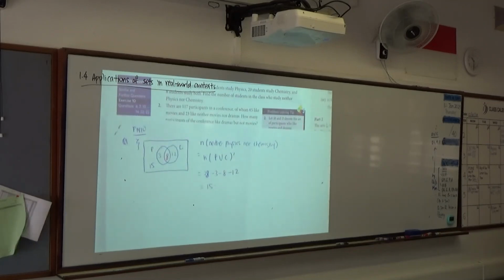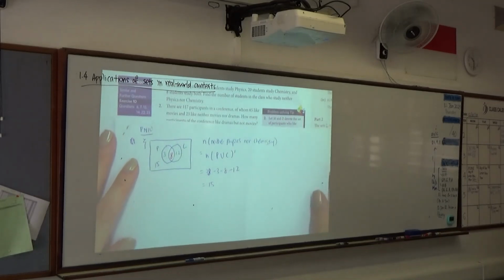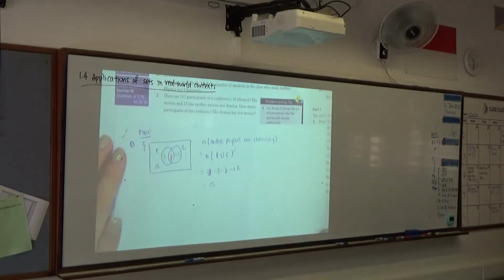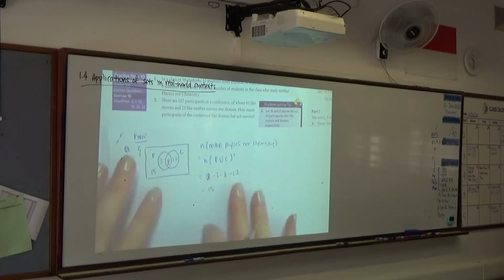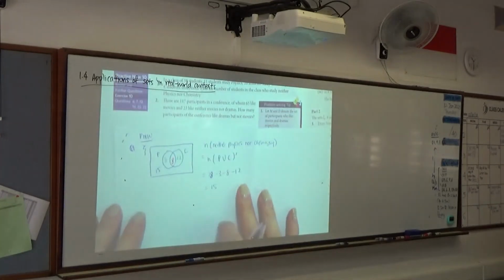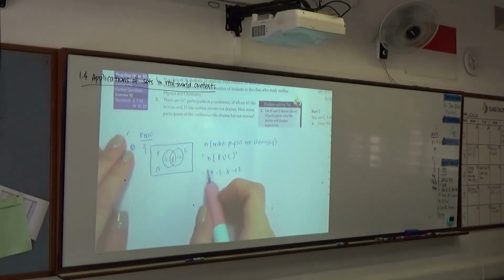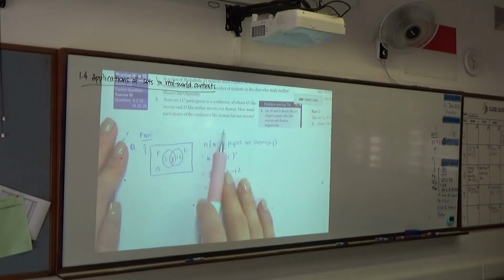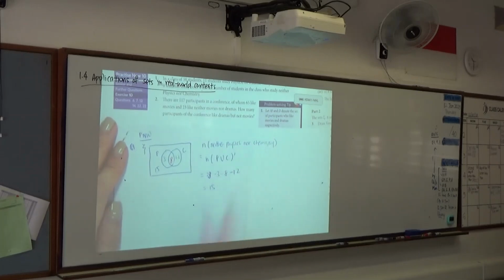Questions? Anyone? Okay. Next we look at question 2. There are 117 participants in a conference, of whom 65 like movies and 23 like neither movies nor dramas. How many participants of the conference like dramas but not movies?